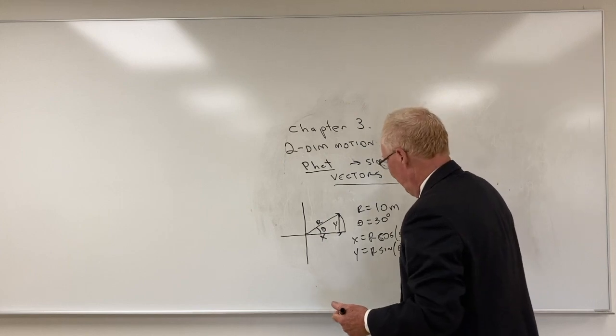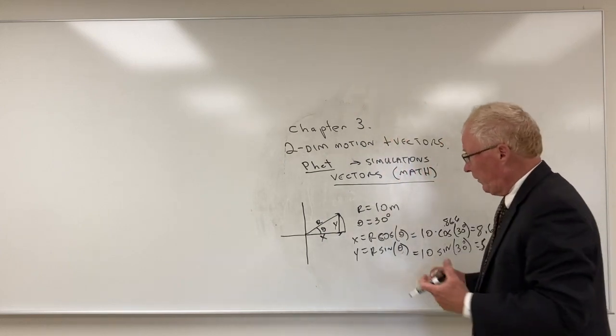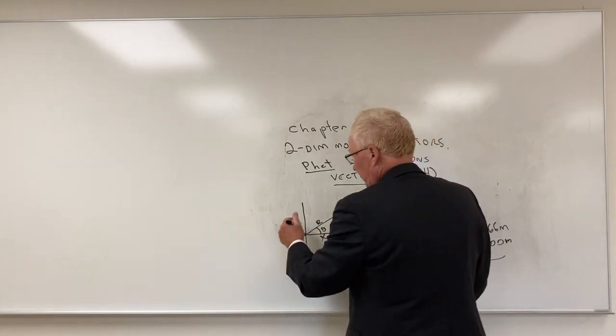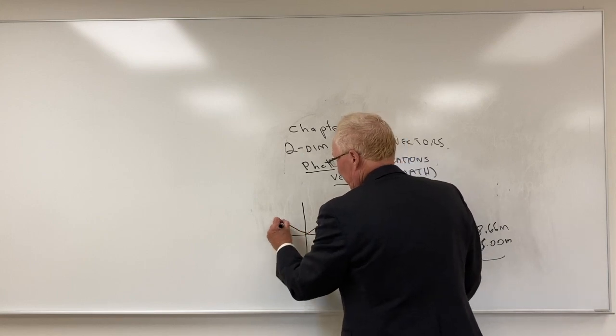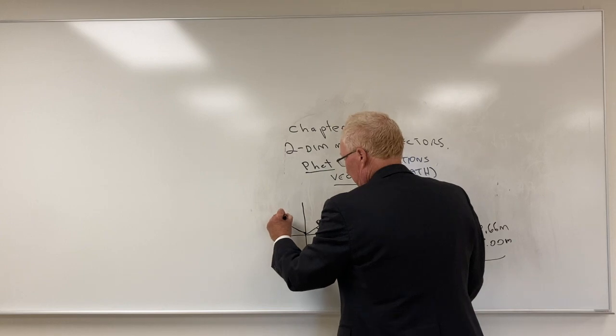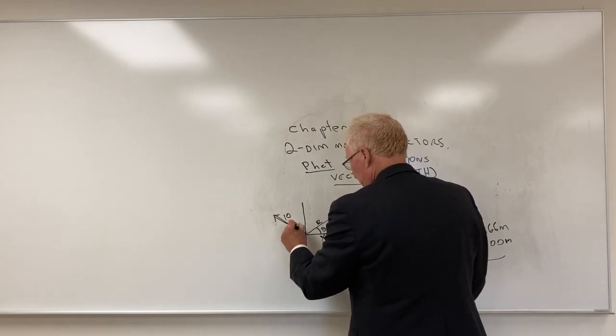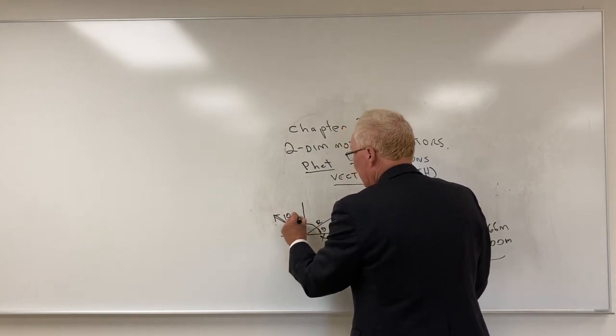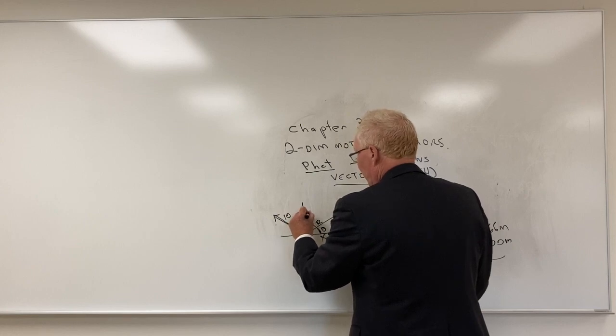What we also can do, if you have different vectors, depending on what the angle is, let's say R is 10, and this angle is 120 degrees.